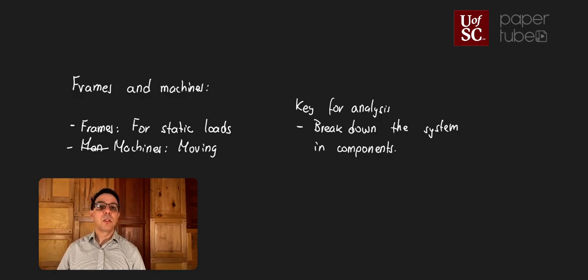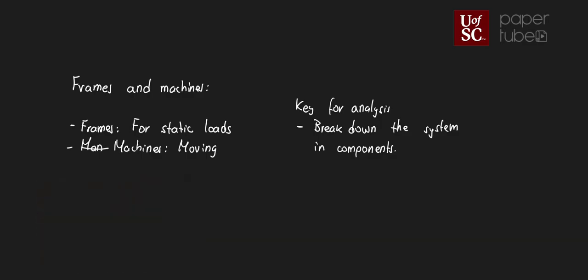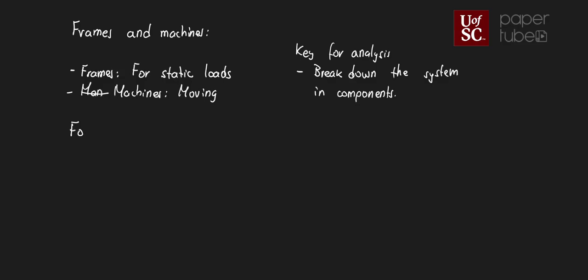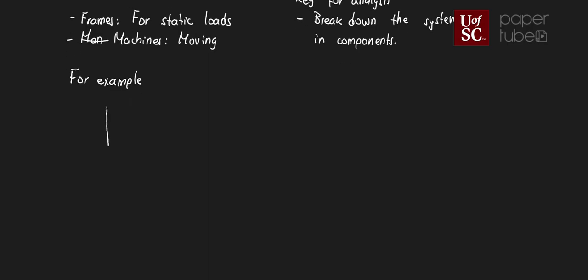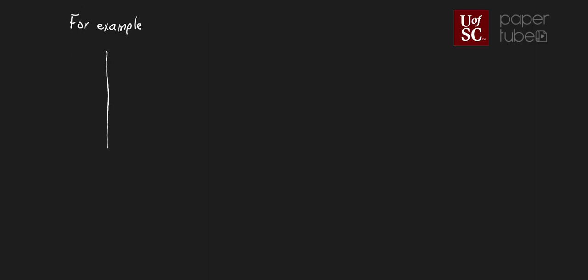So let me give you the general idea through a very short example. We're not going to do the math on the example, but just the concepts of how to analyze a frame or a machine. So let's say that we have the following frame. Let's say that we have something like this.